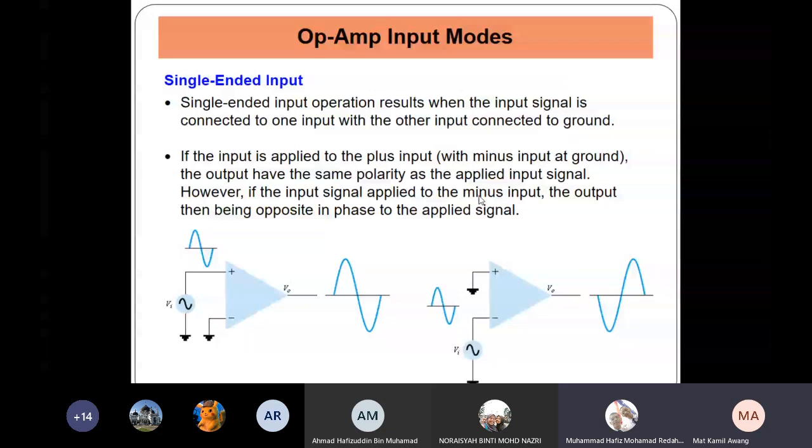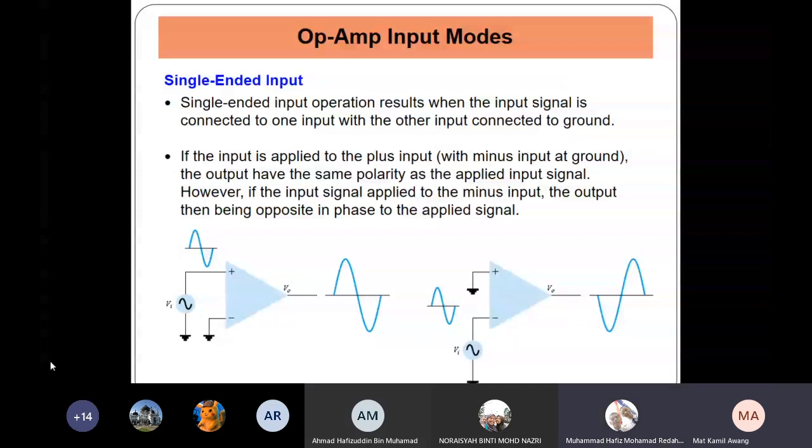So single-ended input operation results when the input signal is connected to one input with the other input connected to the ground, just like it shows in the diagram here. This is actually a non-inverting amplifier where the input signal is connected to the positive terminal and the negative terminal is grounded.